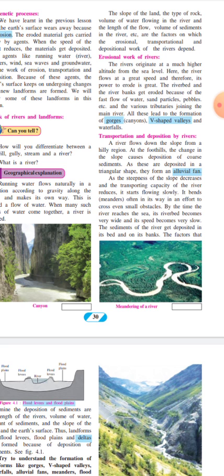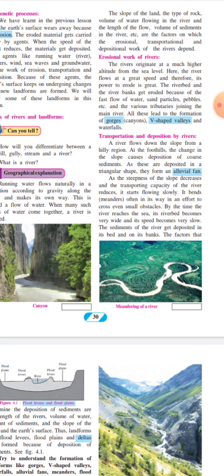Coarse means not fine. It contains many small pebbles, small rocks, sand. So these materials they deposit along their journey, and these depositions are in the form of triangular shape, like fan shape, and they form an alluvial fan.